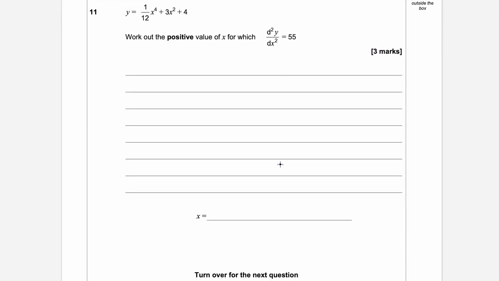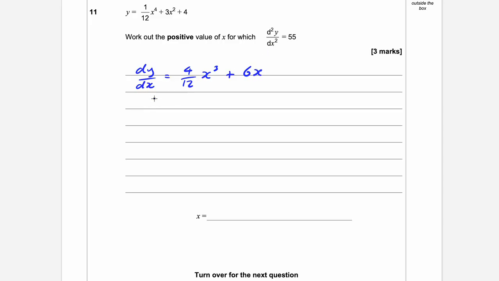Question 11. Work out the positive value of x for which the second derivative is equal to 55. Okay, so let's get the second derivative. First derivative, dy/dx, is equal to, multiply by the power, so it's 4 over 12 x cubed, plus, multiply by the power, 6x, and then the rest is gone.